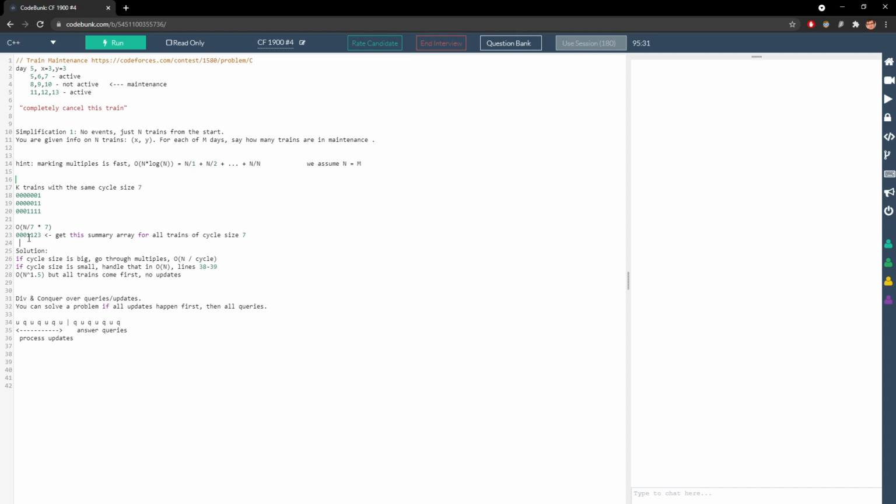But getting rid of a train is actually the same as inserting it. We will only put -1 everywhere instead of +1. Our time complexity here, luckily for us, is not amortized. Previously, we could possibly have O of n per single train if we iterate through its multiples, but it's summed up to n log n.